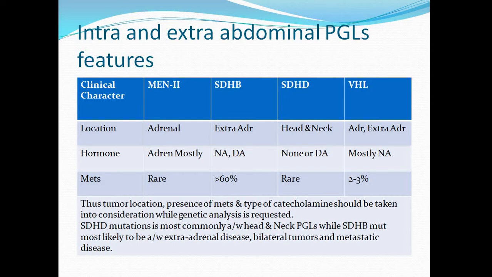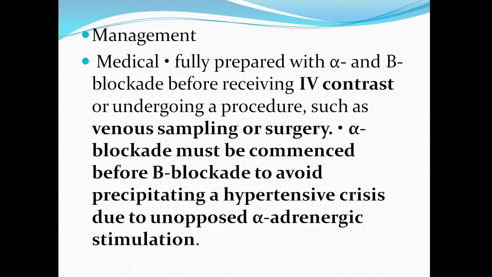So the tumor location, the presence of mets, and the type of catecholamine, these are the three factors which need to be taken into account when you order a genetic analysis. Finally, again, SDHD mutations are most common with head and neck, and SDHB mutations are associated with mets, bilateral tumors, and extra-adrenal disease.